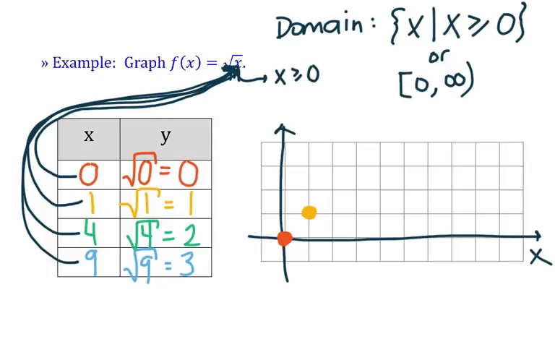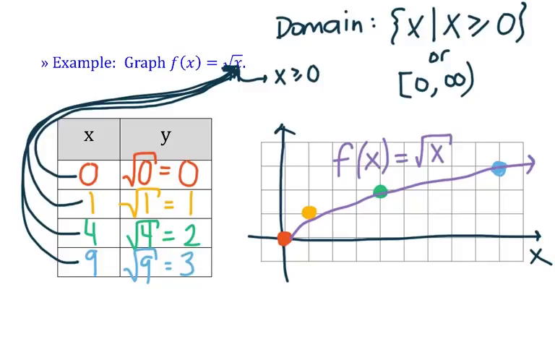1, 2, 3, 4 for x corresponds with 2 for y. We can start to see the curve shape forming. And last but not least, when x is 9, 5, 6, 7, 8, 9, y is 3. So let me connect these 4 points, and we now have a basic square root function, f of x equals the square root of x.